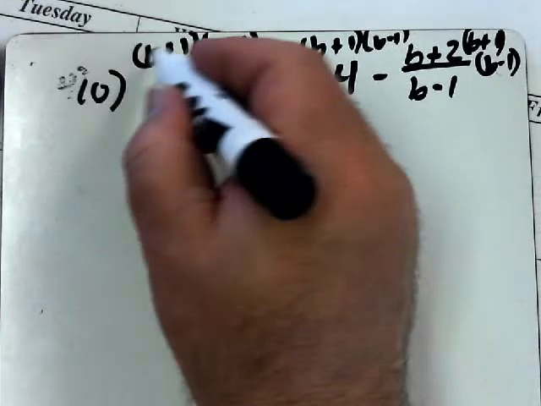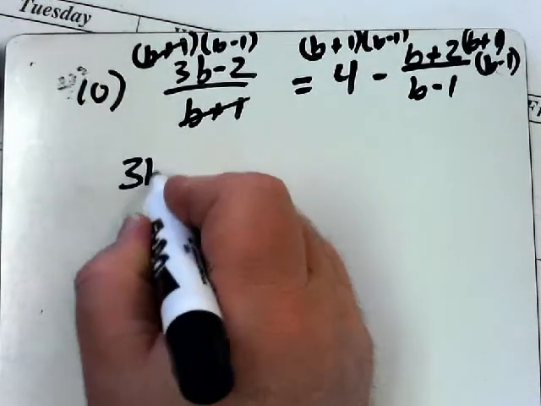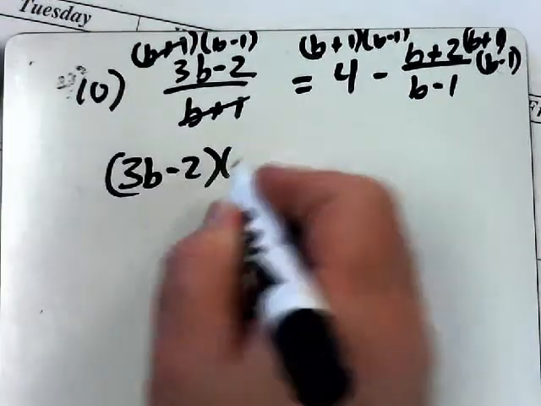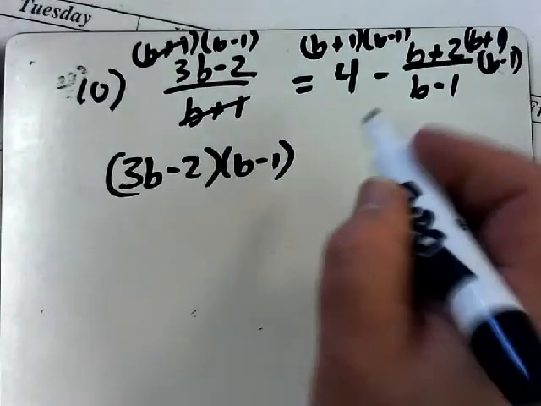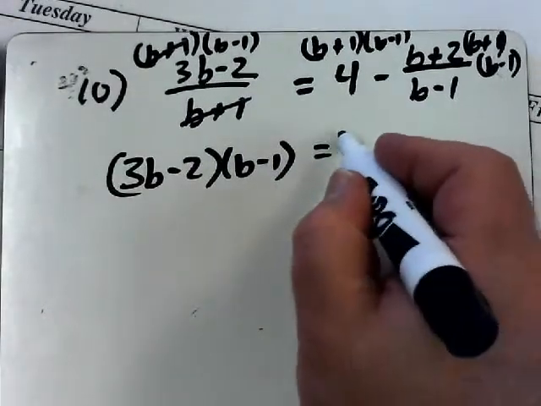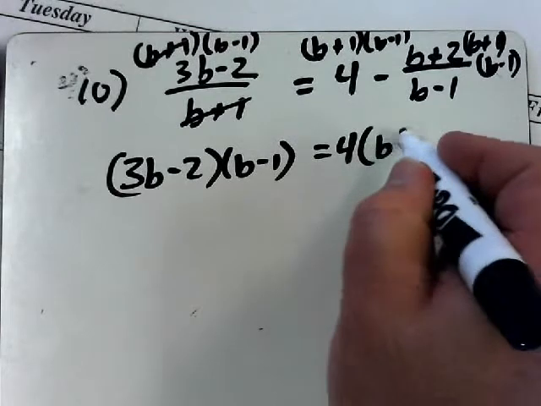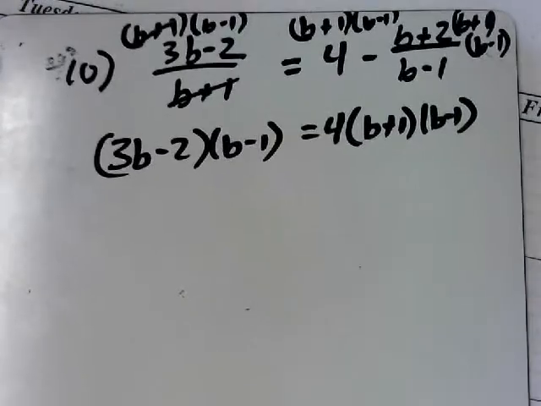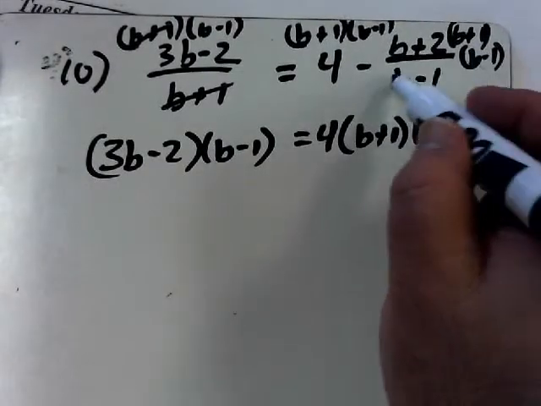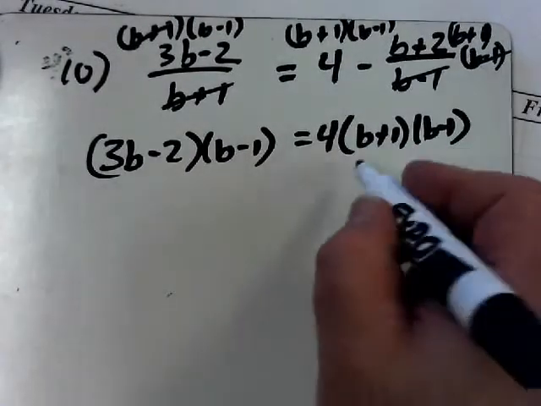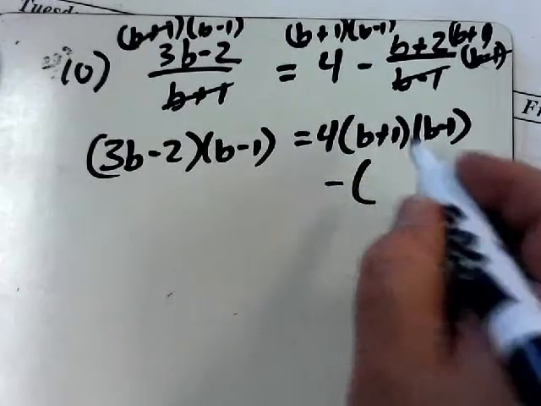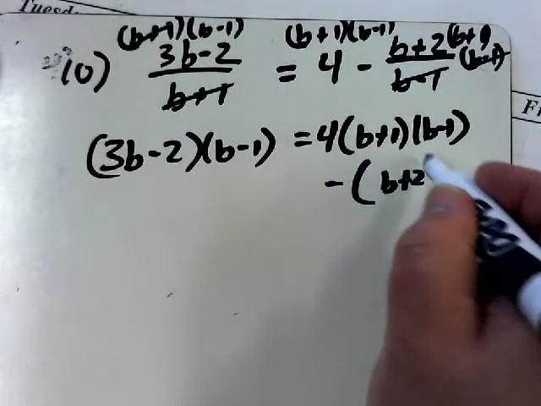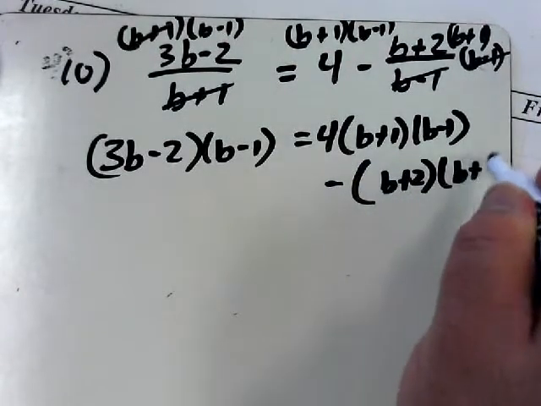This cancels this, so down here I'd have 3b minus 2 times b minus 1. Nothing cancels here, so I'd have 4 parentheses, b plus 1, b minus 1. And then the b minus 1 cancels the b minus 1, so I'd have negative parenthesis, b plus 2, b plus 1.